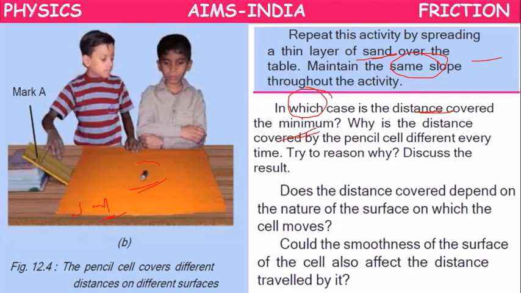So the distance traveled by the pencil cell also depends on the smoothness of the surface. Depending on the type of surface, the distance traveled will be different.